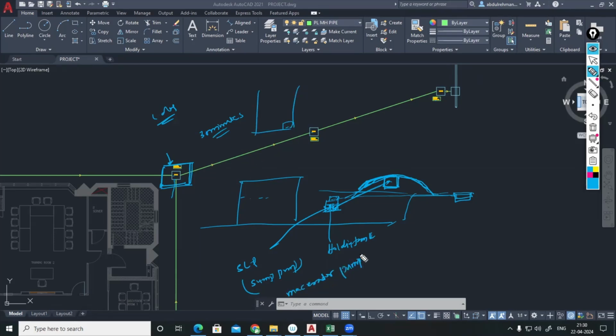Maceration means bigger solid particles are ground into fine powder. That's why the pump's impeller has a blade. Whenever it sucks in food solids, human excreta, everything, it grinds it into a slurry before delivering it. So we can avoid the chance of blockage within the pipe. That's why we call it a macerator pump.